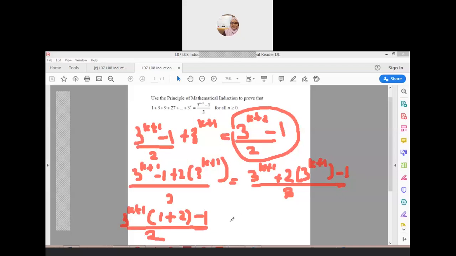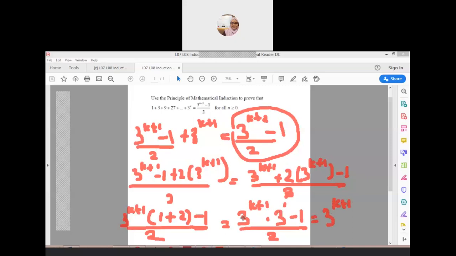Okey, so yang ni dia jadi apa? Yang ni ialah 3k tambah 1 darab, ni darab kan? 1 tambah 2 akan jadi 3 tolak 1 bahagi 2. Okey, so daripada sini kita tahu bahawa 3 ni ialah 3 kuasa 1. Bila dia 3 kuasa 1, dia ialah 3k tambah 1. Yang ni kita guna yang macam exponential tu.